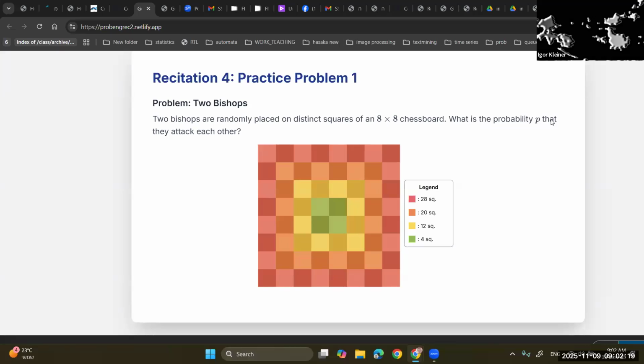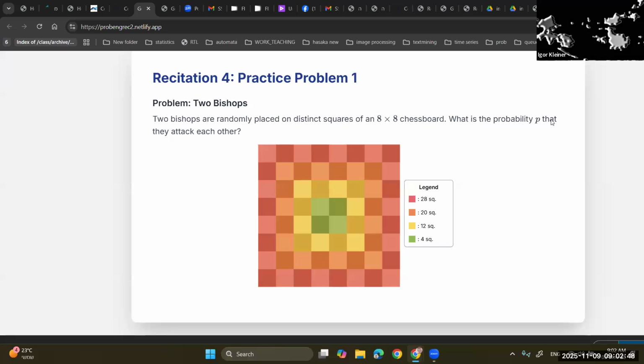Now the second one. We know that the first bishop stays on some of these points, for example, this point. The first bishop is here. What is the probability that he will attack the second bishop? It's 9 divided by 63. He attacks 9 squares, divided by 63.